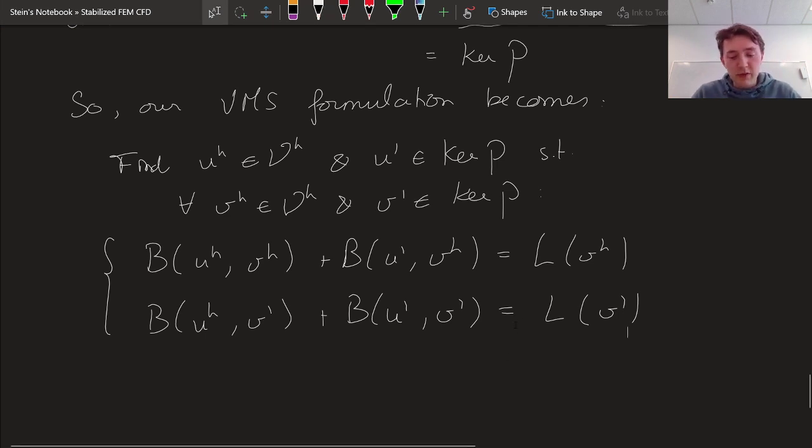Okay, and pretty much that's everything I wanted to talk about when it comes to the scale decomposition. But I hope that you appreciate that there are actually quite significant results coming from this.